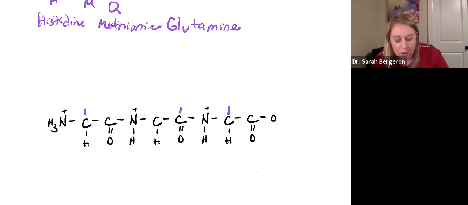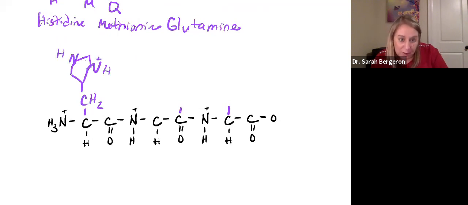Okay, so the first R group that we put in is histidine. Histidine has a CH2. Then it has that house, right? So then it kind of does this, and we have a nitrogen here and a nitrogen here. And this nitrogen is positive because it's participating in a double bond here, and we have a double bond there.